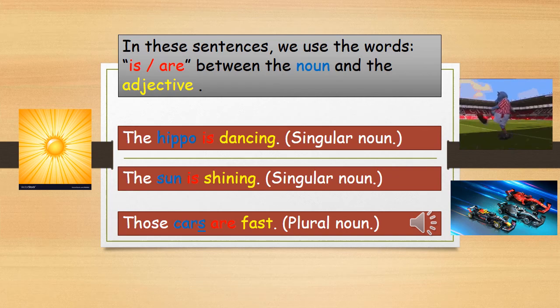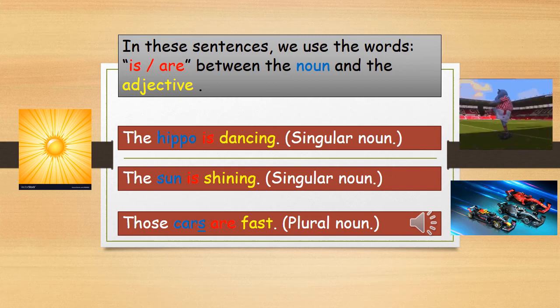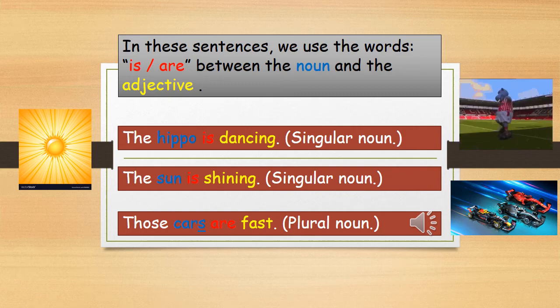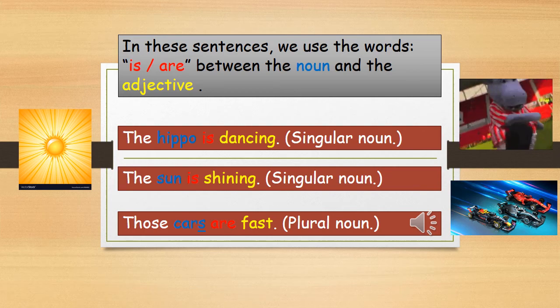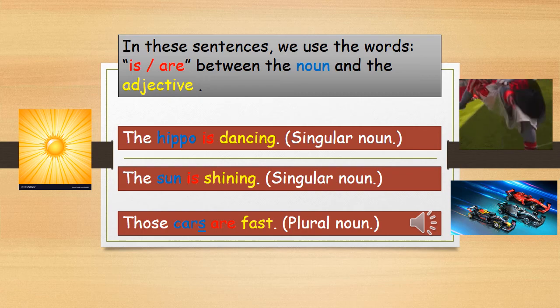Let's have a quick look at the two sentences with plural nouns. Okay, so sentence number 3, those cars are fast. Okay, so we can look at the picture. There's 3 race cars. And remember, singular nouns, there's no S at the end. Hippo, sun. But when we see an S at the end of the word, cars, that shows us it's a plural noun.